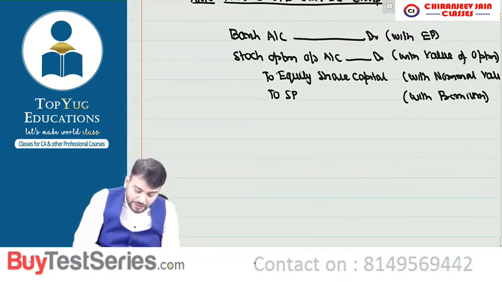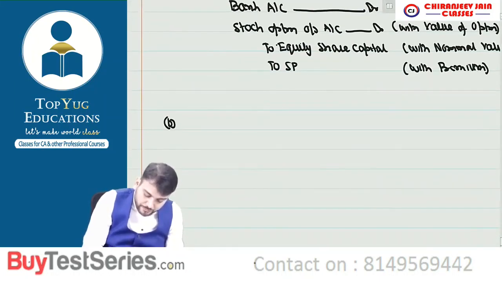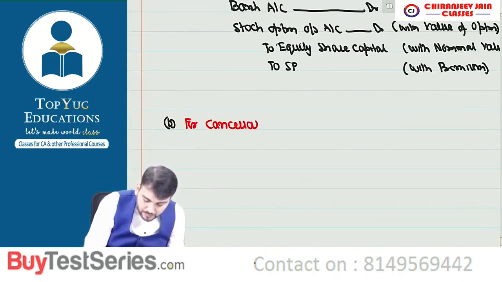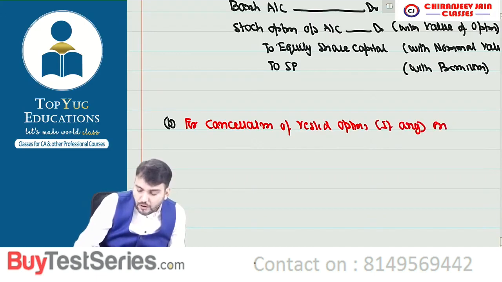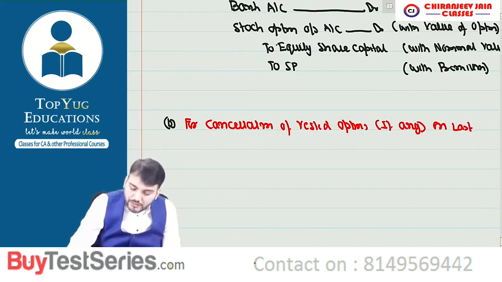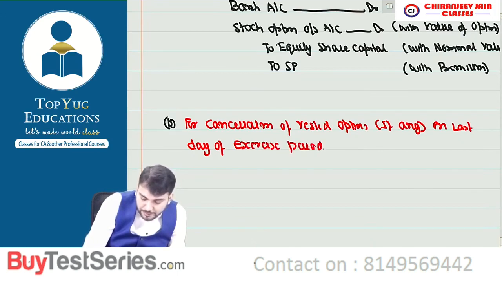Then write point number B. For cancellation of vested option, if any, on the last day of exercise period.